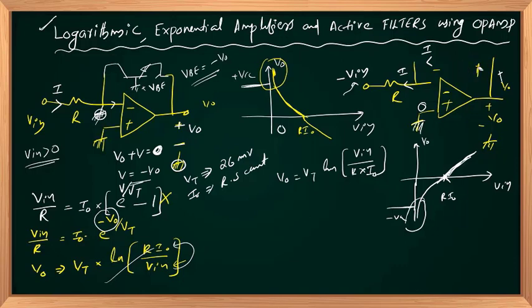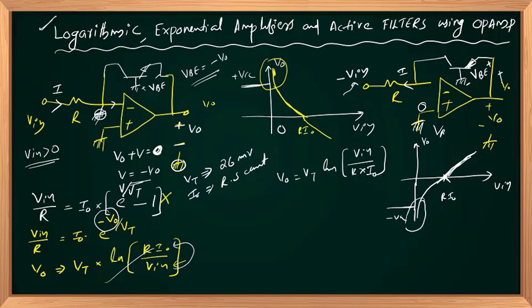Similarly, here you can place a PNP transistor like this with the base grounded, the emitter connected to the output of your circuit, and the collector connected to the inverting input terminal, and this is my VBE in this polarity, and VBE is nothing but equal to V out.